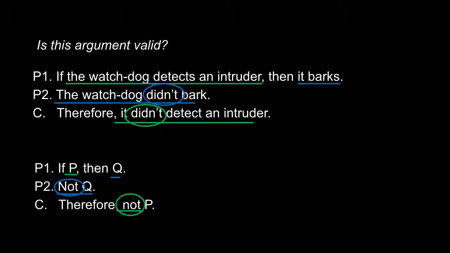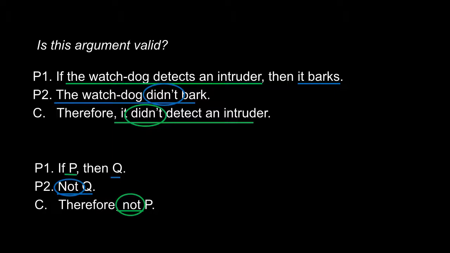And the conclusion of the argument likewise negates the antecedent. The antecedent was the watchdog detects an intruder. The conclusion of the argument says it did not detect an intruder. So we symbolize this, if P then Q, not Q, therefore not P.